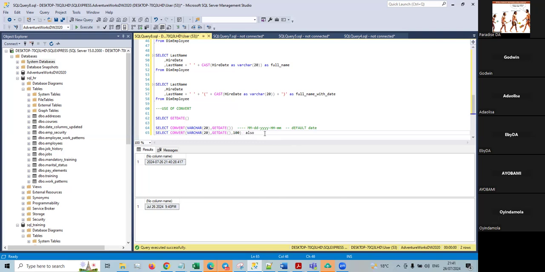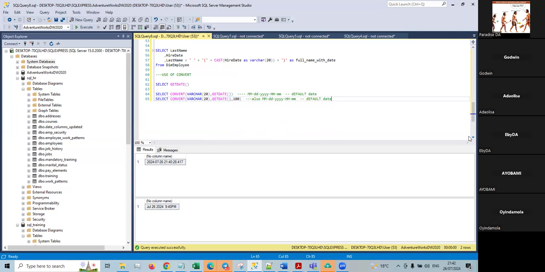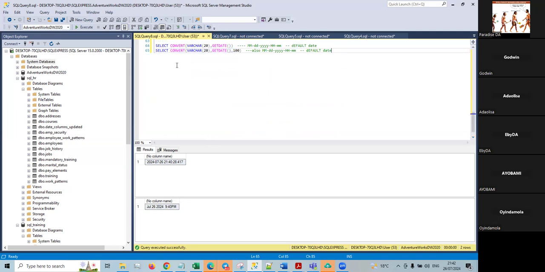This is the same as the one above. It would give us the same as this. And now let's see what we can do with this. Having gotten this first one, all the others can just follow.